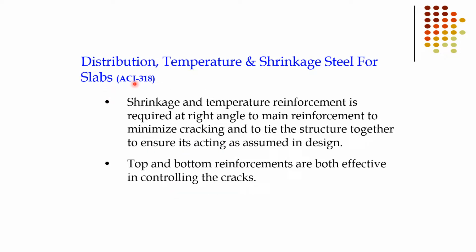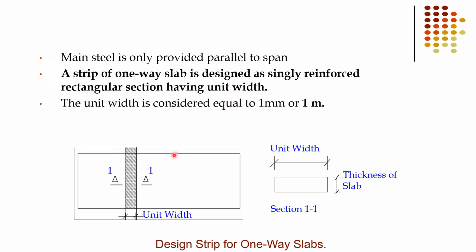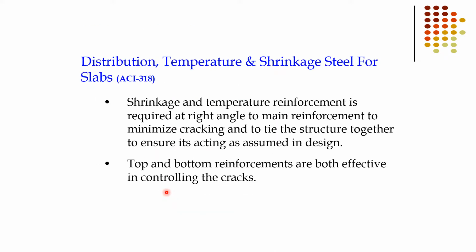Now the second one is the distribution and temperature steel. One steel will come in the main direction, on the shorter side, and the other steel that will come in the other direction is the distribution steel. We also name it temperature and shrinkage steel. Why temperature? Because the code recommends minimum steel must be present in the slab to accommodate shrinkage cracks and temperature cracks.